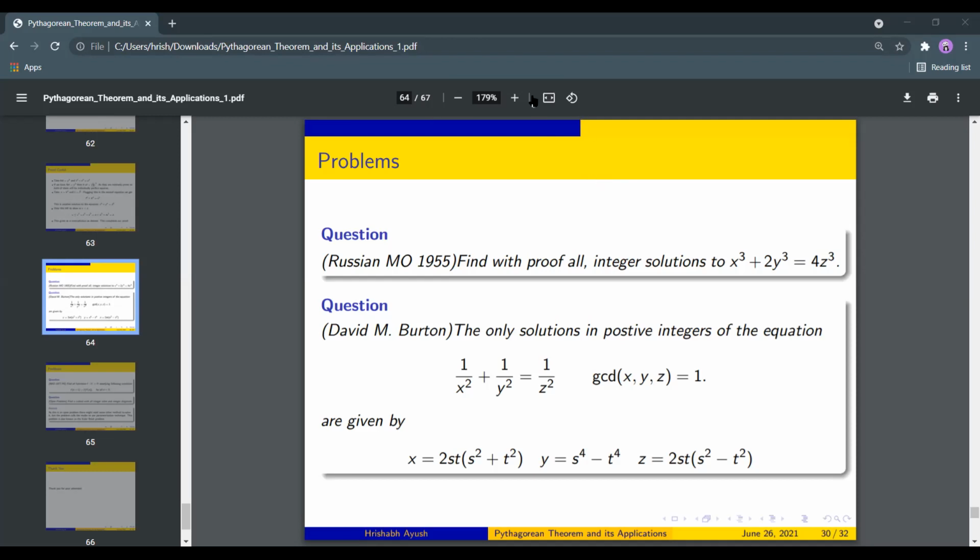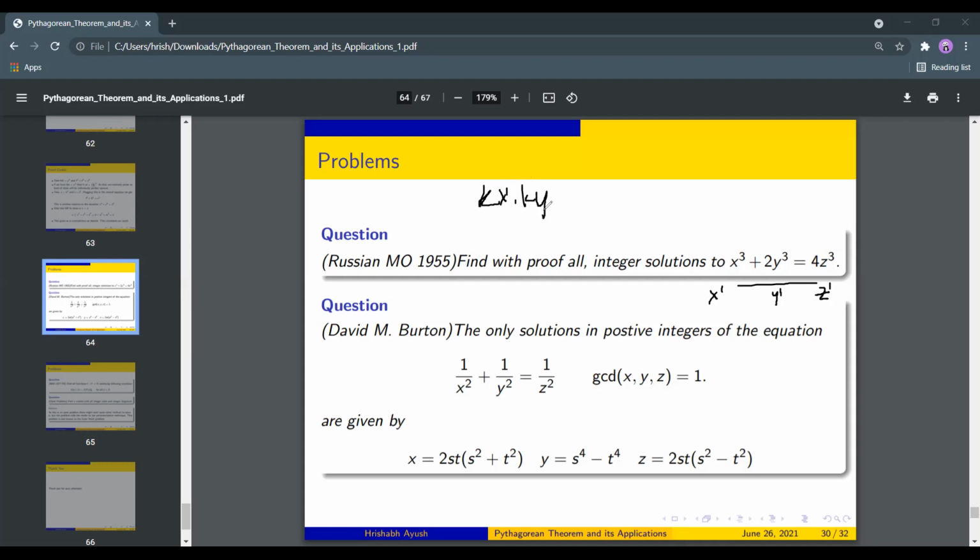Yeah, so I actually wanted to cover one thing: this is a homogeneous expression, and if you have the solution as x prime, y prime, z prime, then you'll have a family of solutions, that is kx prime, ky prime, kz prime.